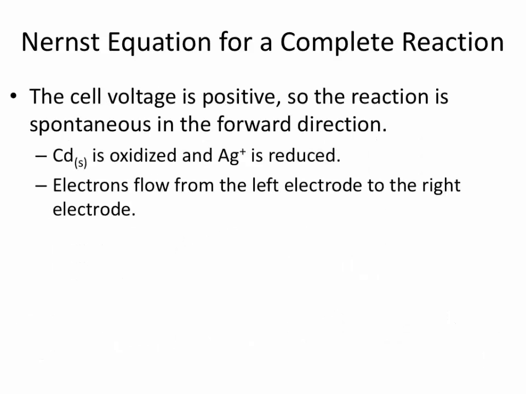Now again, the cell voltage is positive, and so the reaction is spontaneous in the forward direction. That is, the cadmium solid is oxidized to cadmium ions, and the silver ions are reduced to solid silver. And that means that the electrons flow from our left electrode to the right electrode.